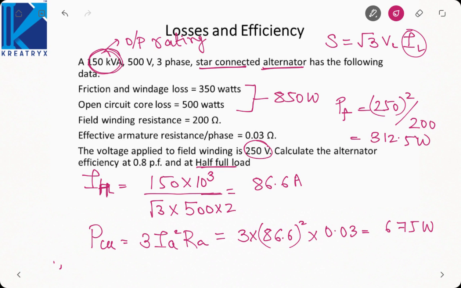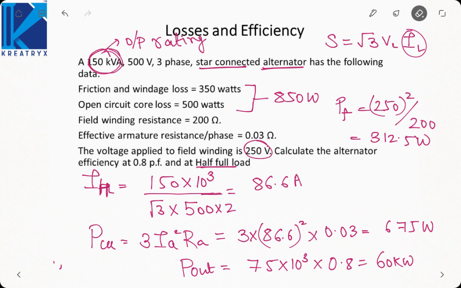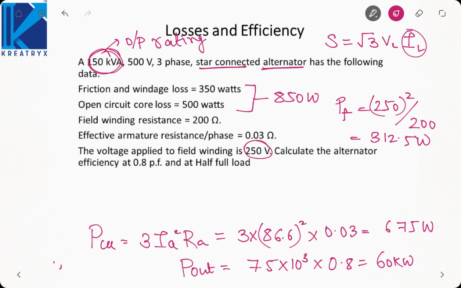Now we have all the losses. Let us calculate output. Output is given as half of the full load, which means 75 kVA. And at 0.8 power factor, so P is equal to S cos phi. So how much will this come out to be? It will come out to be 60 kilowatt. We have output, we have losses. We can calculate efficiency. How?